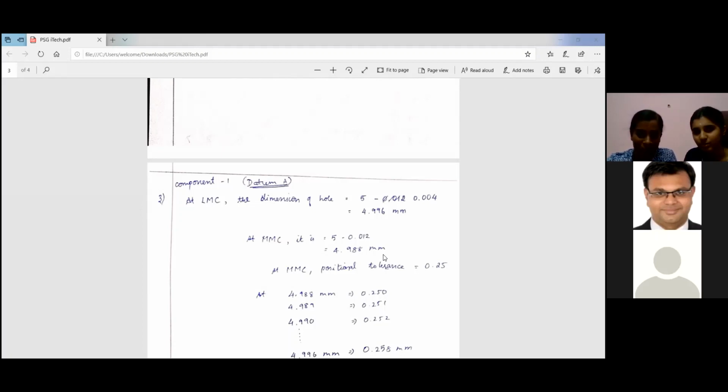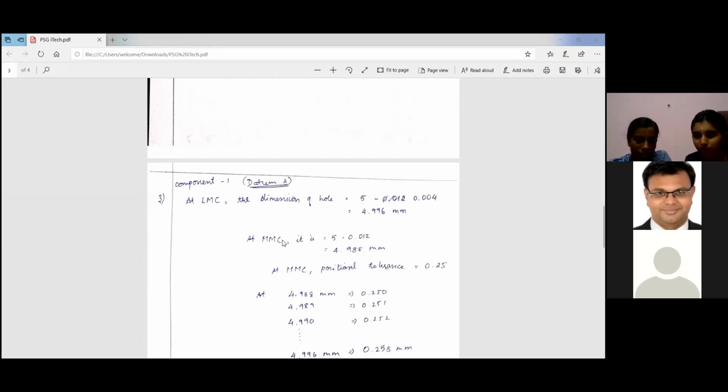My question is, how have you taken the value of 0.004? Did you use some data? Yes, sir, we have the PSG data book. For the G6 value and 5 mm diameter, we got the tolerance values. We found the least material condition and maximum material condition, 5 minus 0.02.